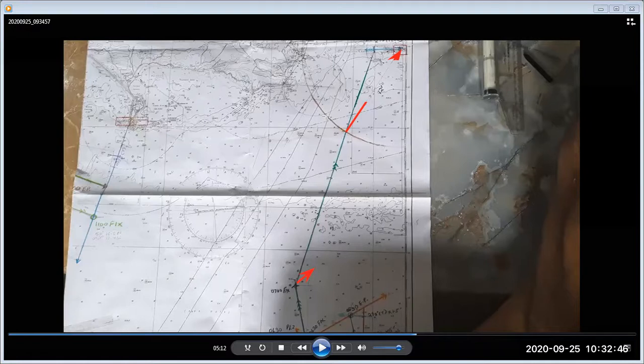So we have this 12 mile circle. If we are not given it in the question, then we have to calculate the present luminous range, at what distance the light will be sighted right ahead.